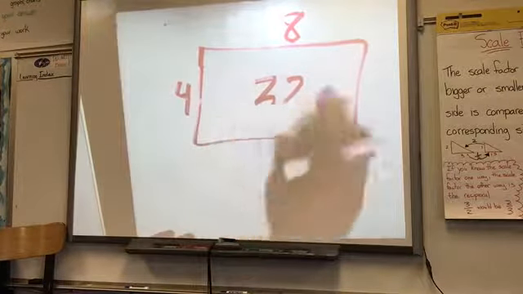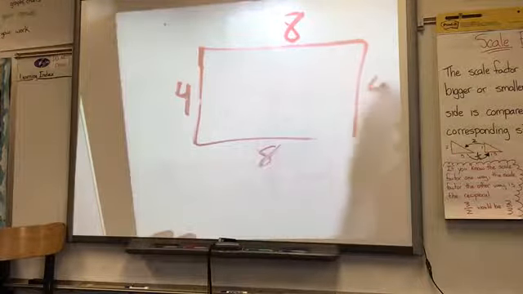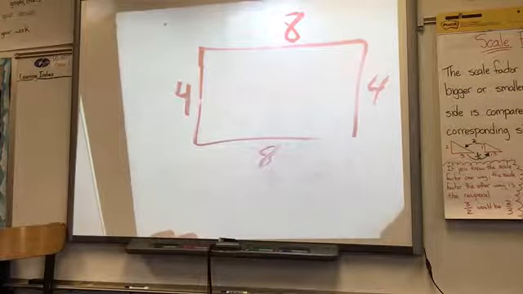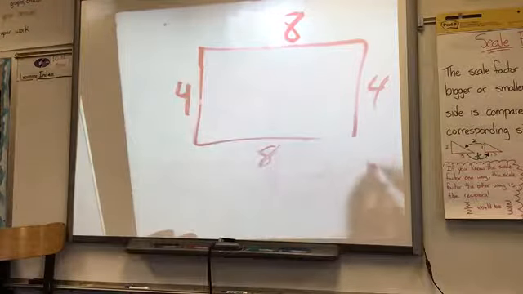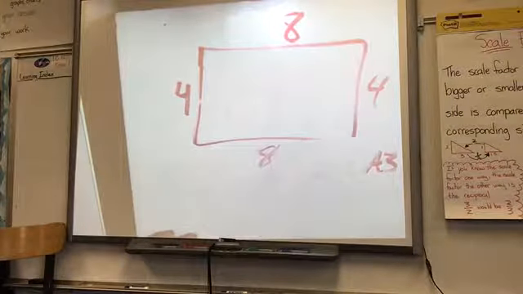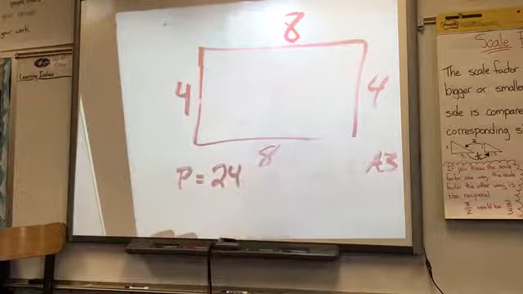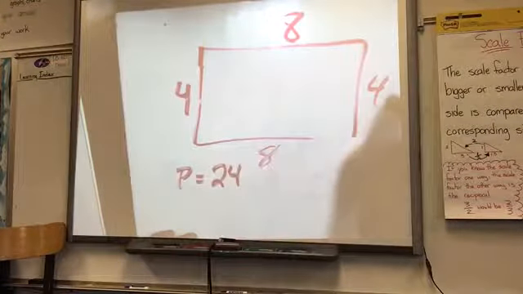Last one is C. It says the perimeter of the rectangle is 3 times the perimeter of rectangle A. What's this perimeter? What do you get for the perimeter, Addie? We're on A3. What's the perimeter of this? 8 plus 8, 16. 24.